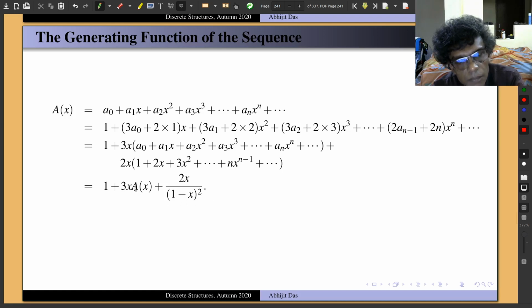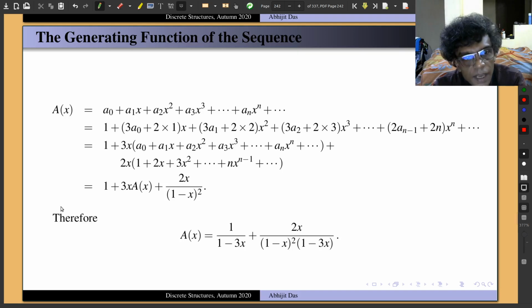Now, if I bring ax to that side, this term, and do some simple manipulation, I see that this ax can be written as 1 over 1 minus 3x, that is coming from this, and 1 minus 3x will be common to ax. So, 2x, 1 minus x whole square, 1 minus 3x.